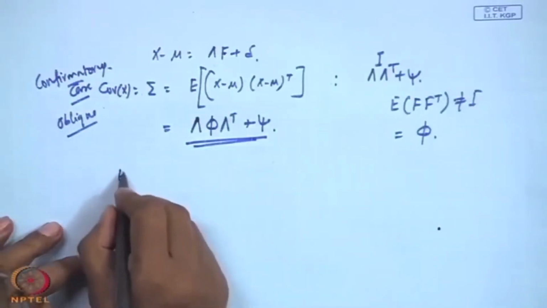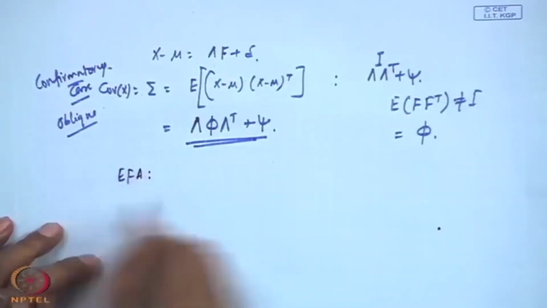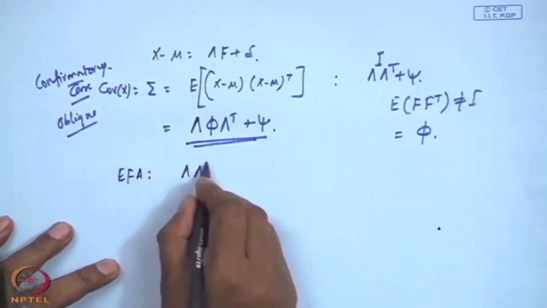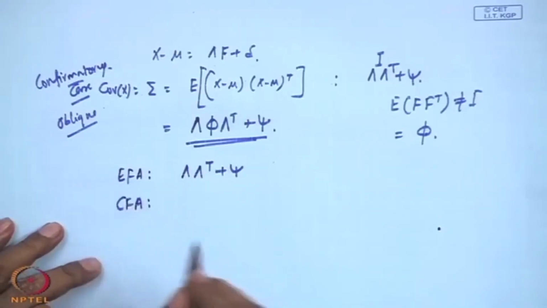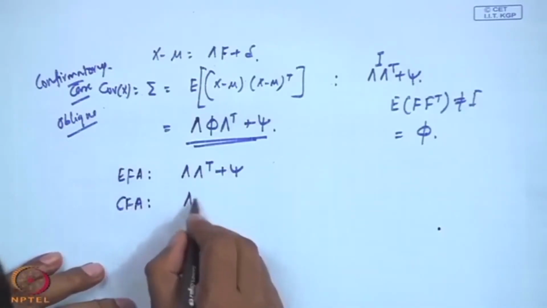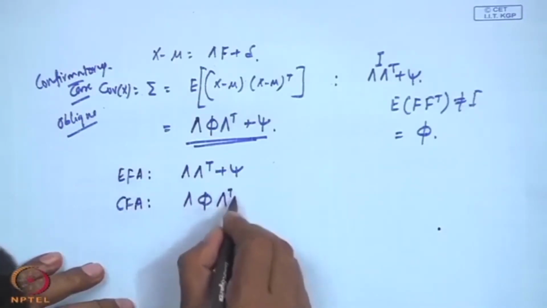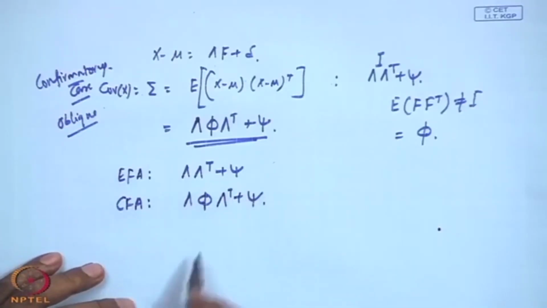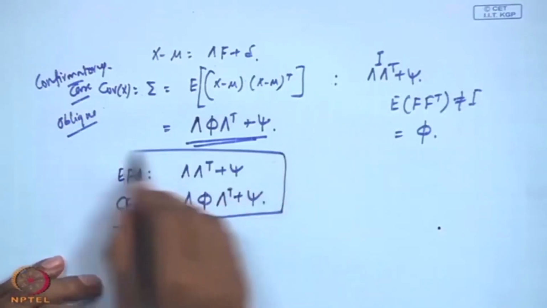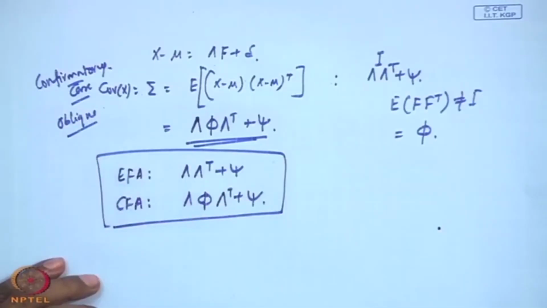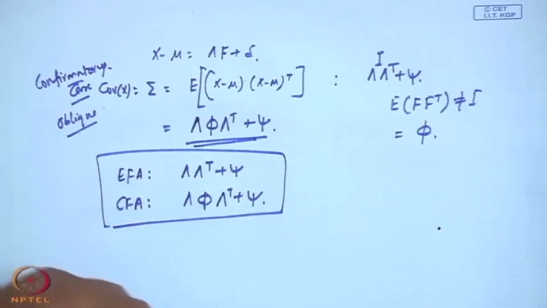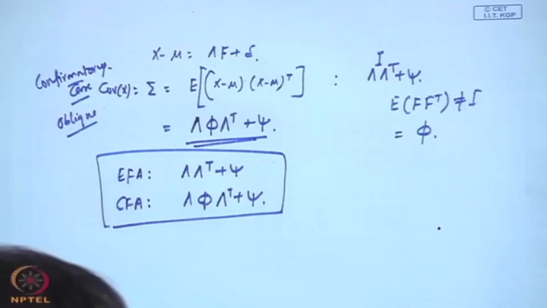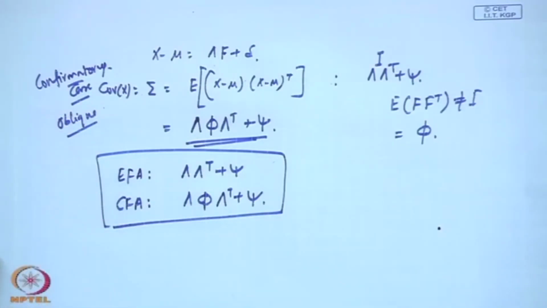Suppose I go for orthogonal exploratory factor analysis, then lambda lambda transpose plus psi, and in confirmatory factor analysis, where we are talking oblique, lambda phi lambda transpose plus psi. Phi is the correlation matrix for the factors.